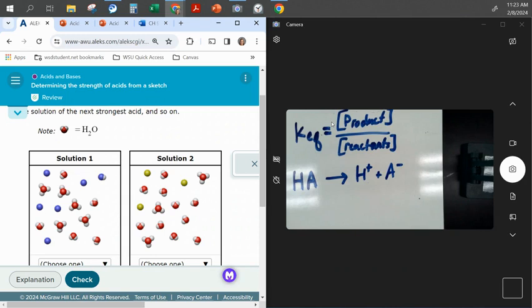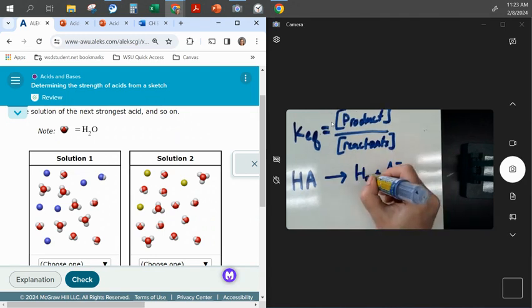But remember, Alex likes to represent H plus with H3O plus. So the hydrogen is going to find a water, and this is the hydronium. This is the product. So these are our products.